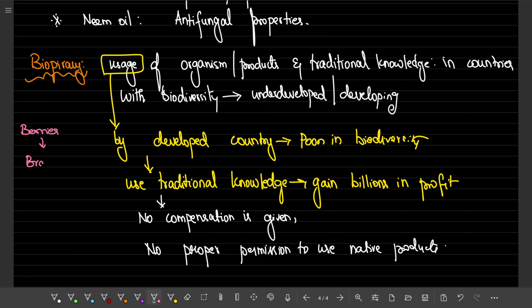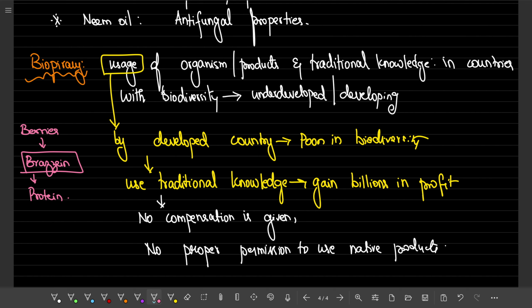One example I'll just tell you, you don't have to write it. In Africa, I forgot which country, there is a plant called Pentadiplandra brazzeana. It produces berries. In these berries, there is a protein called brazzein.